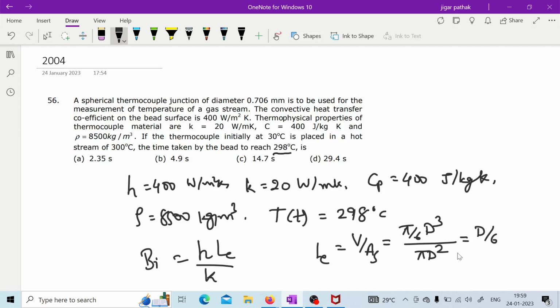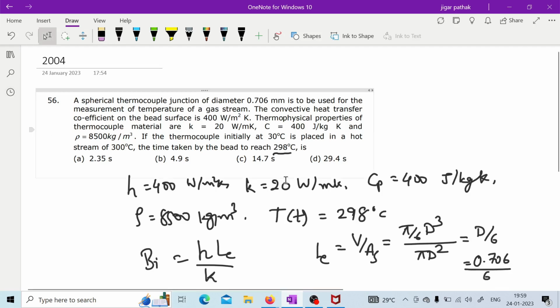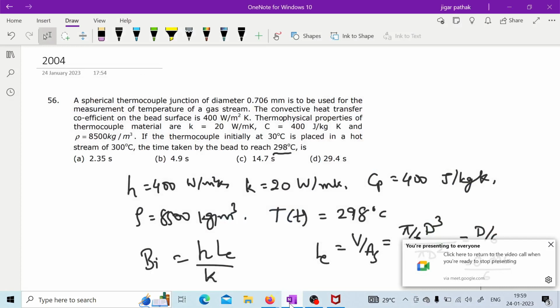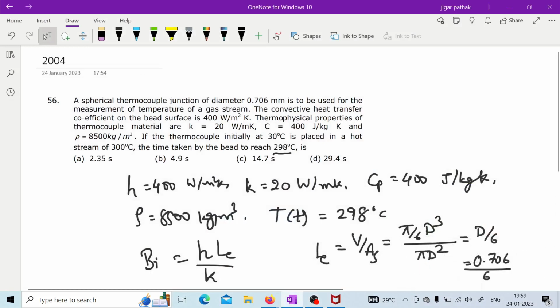So you will have 0.706 by 6. So your characteristic length is 0.706 by 6 into 10 raised to minus 3 meter.